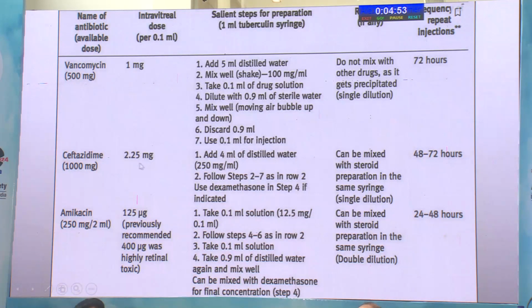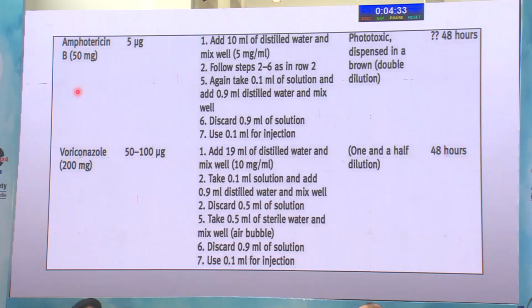Ceftazidime should be 2.25 milligrams and amikacin should be 125 micrograms. Important to note is that different countries or regions might have intravenous drug formulations of different dosages. So be sure before opening the vial, check the dose on the vial before you start the formulation preparation. And these are the antifungals, amphotericin B and voriconazole.